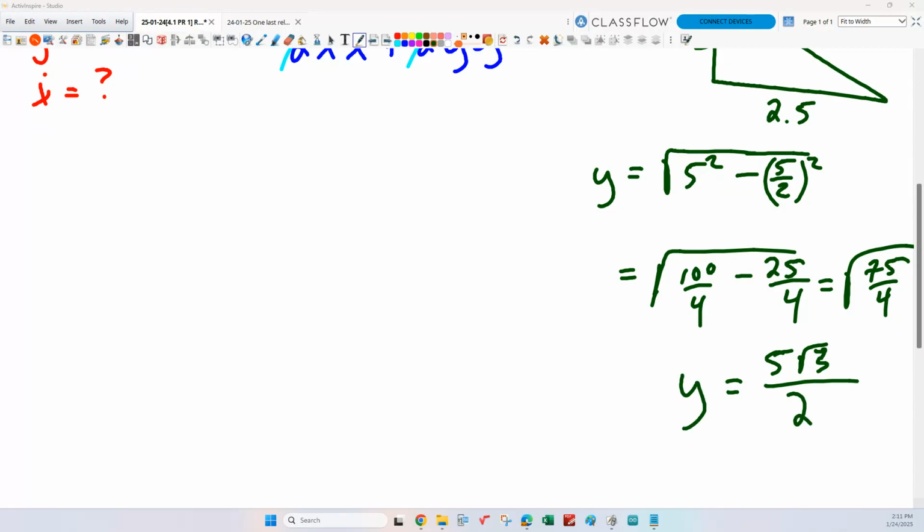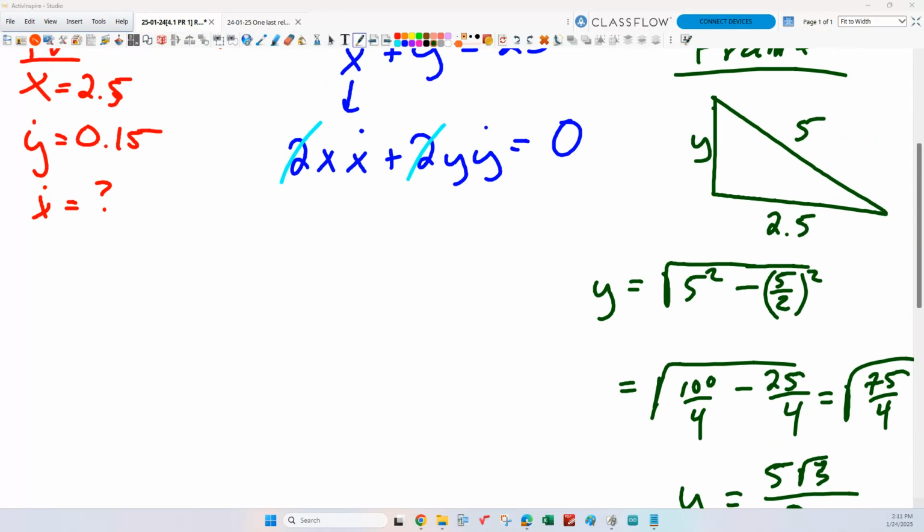Okay, so that's y. And really, oh, never mind. Yeah, we needed that, didn't we? Now we've got everything we need to plug and chug, and we can find x dot, right? Okay. So if I solve for x dot, what is x dot in terms of other stuff?